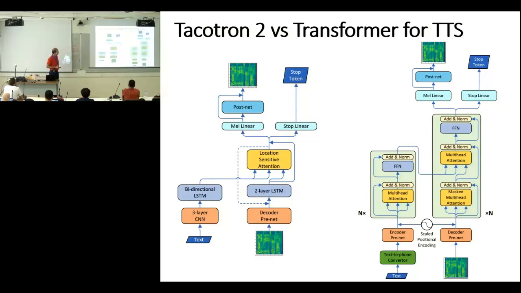Here you can see this is a different picture from the one that I showed you before, because here we put as an input to the decoder of the Tacotron also the previous filter banks.